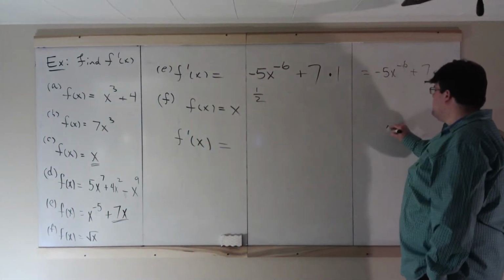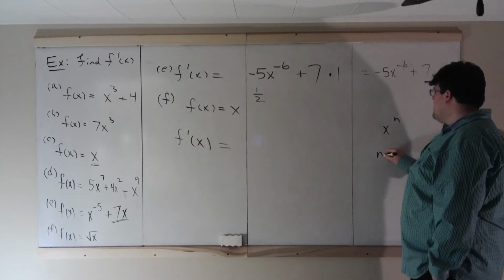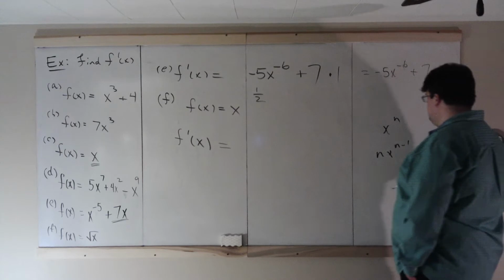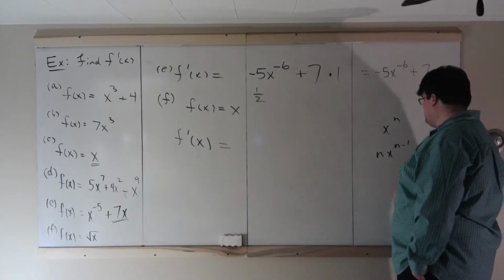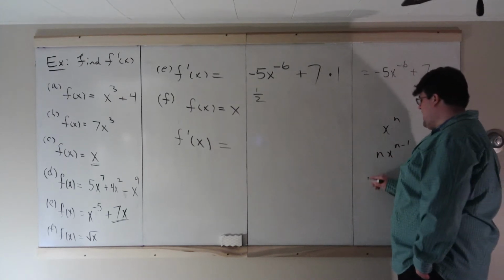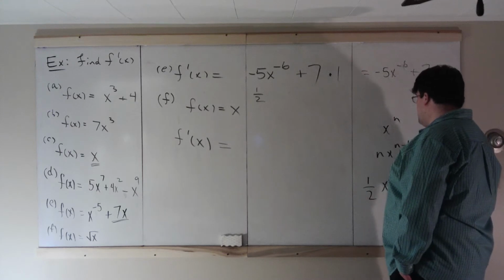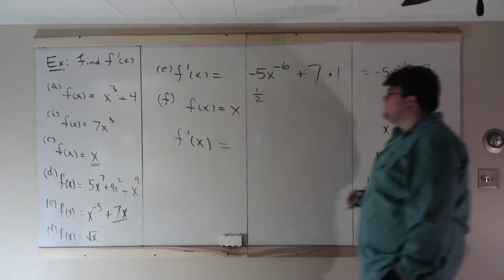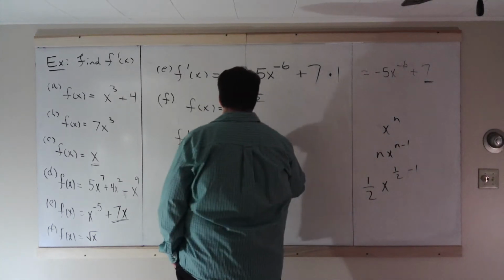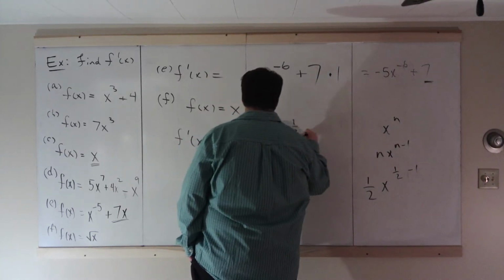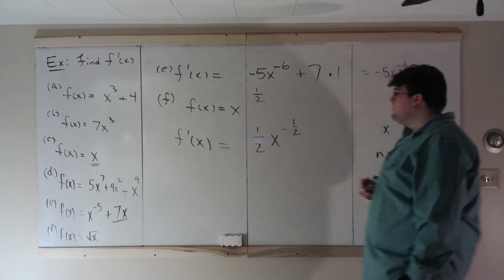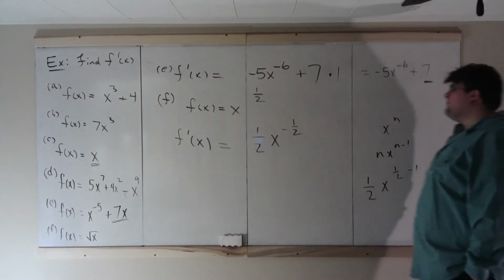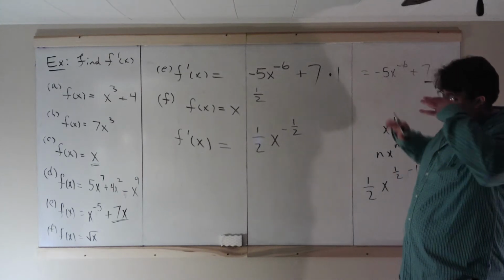Well, derivative of x to the n is nx to the n minus 1. Well, if n equals 1/2, what do you get? 1/2 x to the 1/2 minus 1. So it's 1/2 x to the negative 1/2. 1/2 minus 1 is negative 1/2.